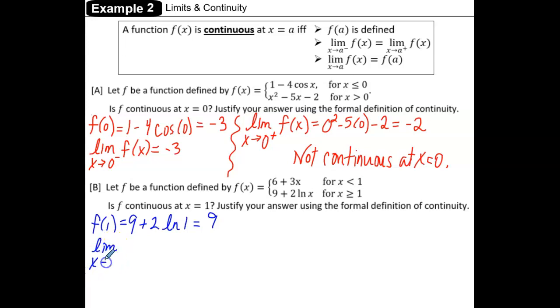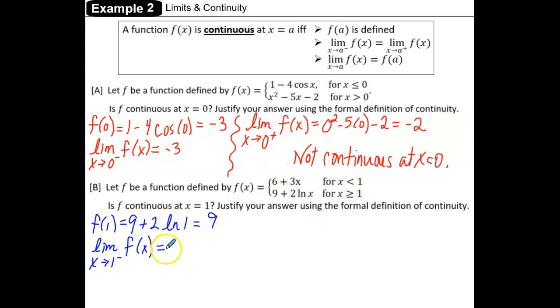Okay, next we're going to find the limit as x approaches 1 from the left side, and that's for the function f of x. And approaching from the left would be x's that are less than 1.